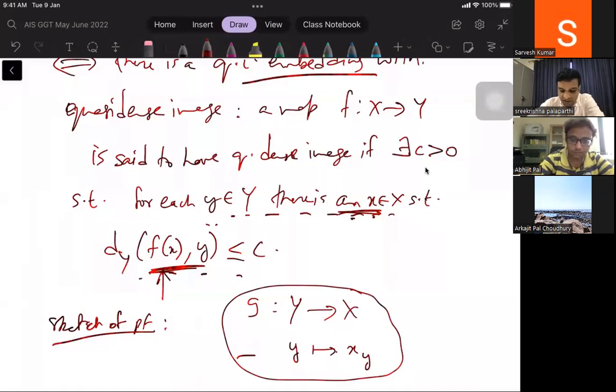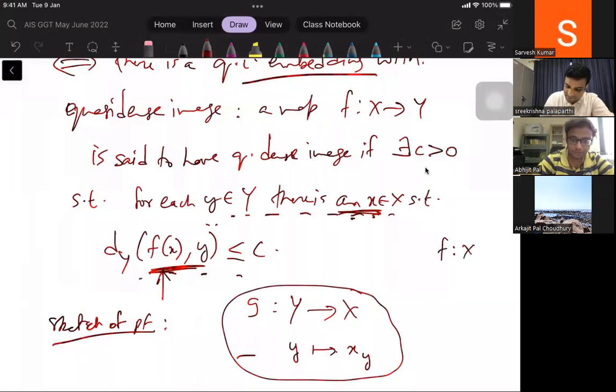You consider the image of f. So x and f(x) will be at most at a distance c. That is the point. Why? Can you just write it?